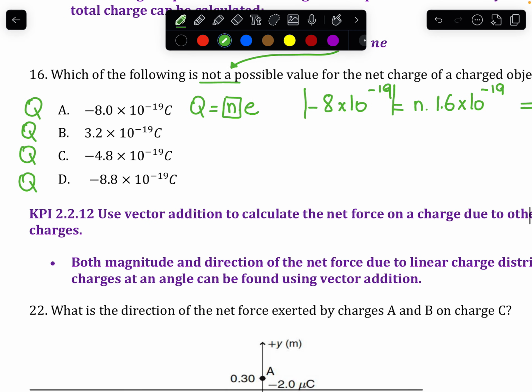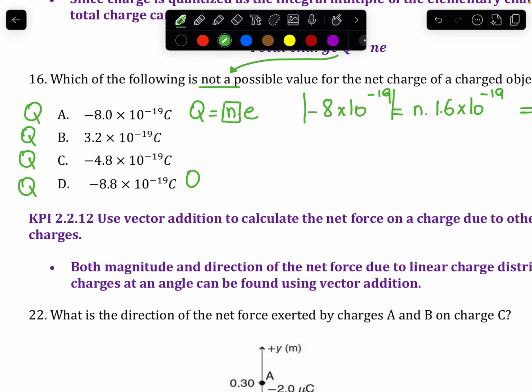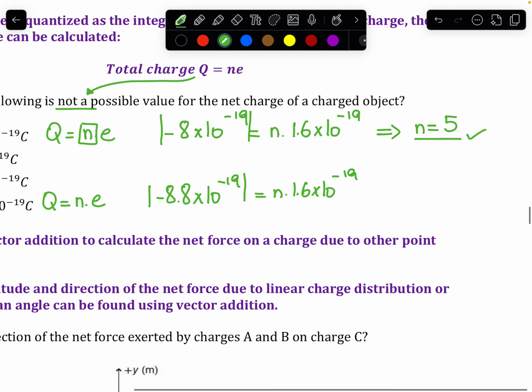But going to the correct answer, here also Q equals n e. So negative 8.8 × 10^-19 equals n times 1.6 × 10^-19. While here, it corresponds to 5.5 electrons, which I can never have.